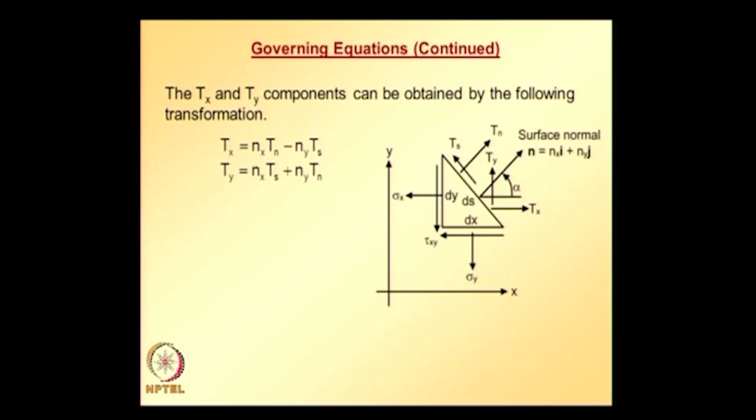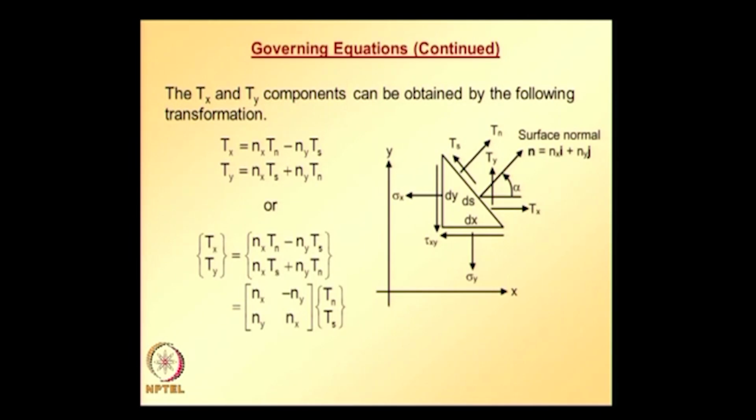T x, T y components can be obtained by the following transformation. Once we know the normal and tangential tractions, we can easily calculate T x, T y using these relations, where we need to know n x and n y. n x and n y are nothing but the direction cosines of the outer surface normal. They can be calculated once we know dx and dy.